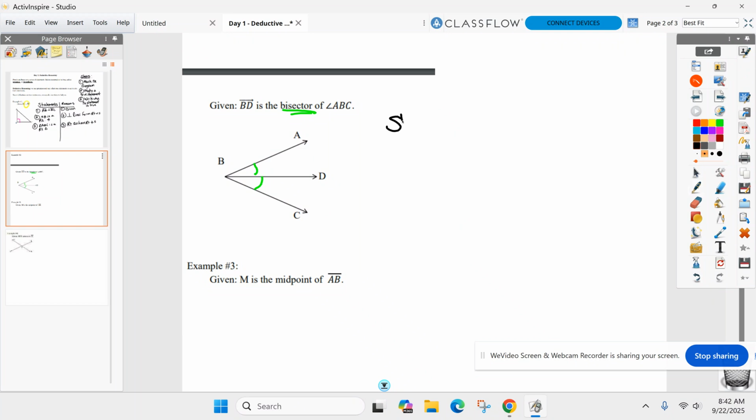So here we go. Organize our thoughts now. Statements. Reasons. You can always have one true statement, right, which is your givens. So always write that as your first true statement because you definitely know that's true.